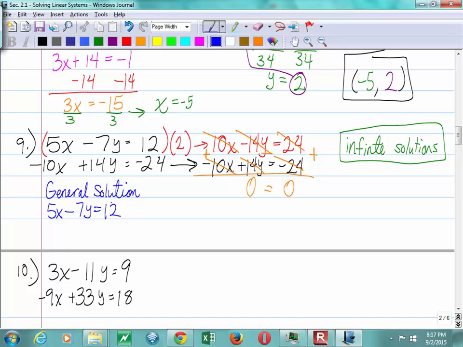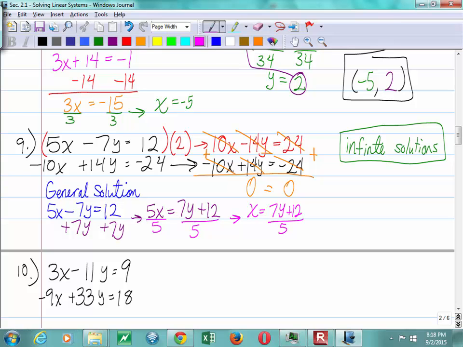So I'm going to get x by itself by adding 7y to both sides. So that gives me 5x equals 7y plus 12. And then just divide both sides by 5. So that gives me x equals 7y plus 12 all over 5.